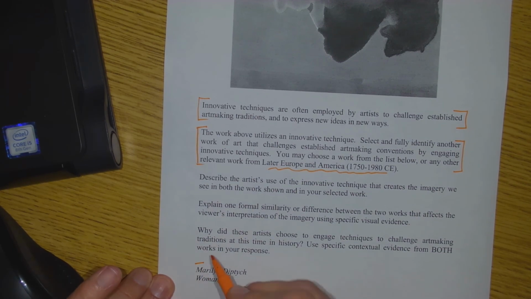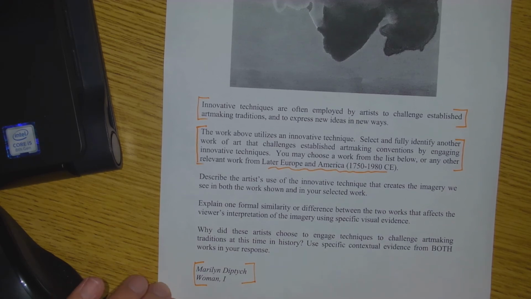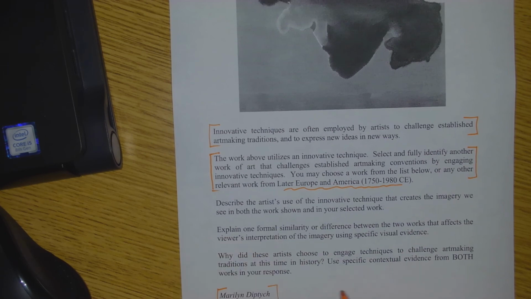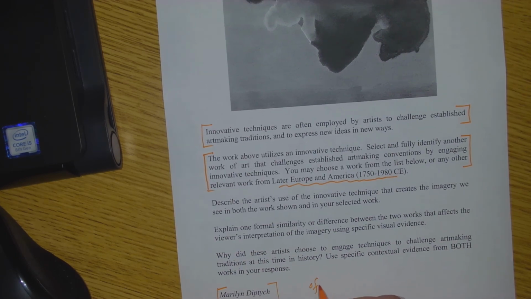Here are the suggested works from that content area: The Marilyn Diptych by Andy Warhol, or Woman One by Willem de Kooning. You have some innovative processes that are tied to those, so we can talk about those alongside Helen Frankenthaler.